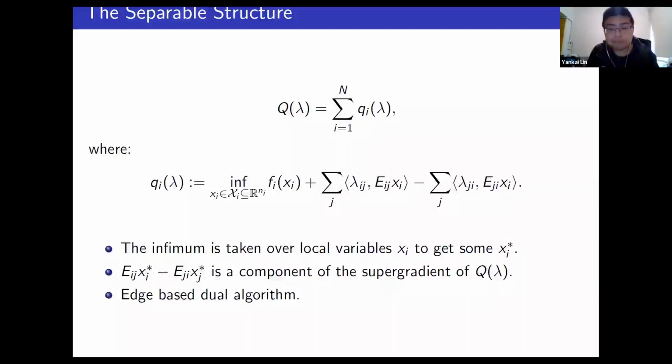The first point I want to make is that this infimum is taken over local variables xi, and let's say after minimizing this you get one xi star, the minimizer of the local dual function. One particularly interesting feature of the dual function is that the term e_ij xi star minus e_ji xj star, which is just substituting local solutions xi star and xj star into the equality constraints, is one component of the supergradient of the function q(lambda), because q is concave, so it's a supergradient.